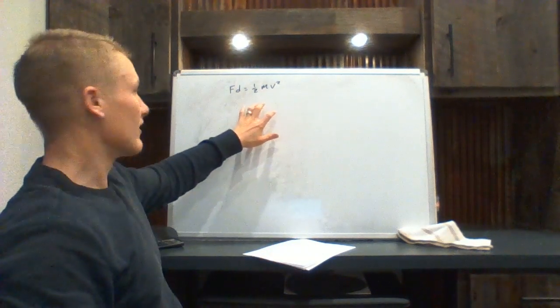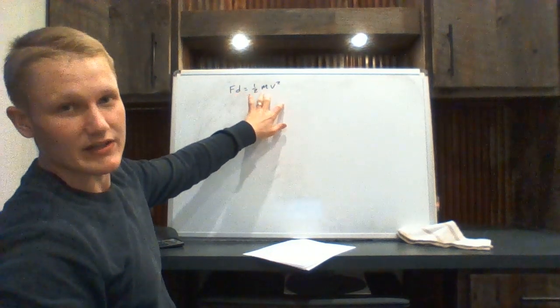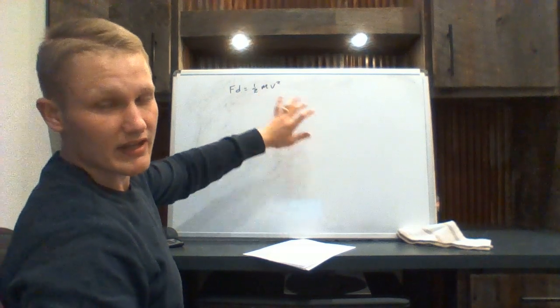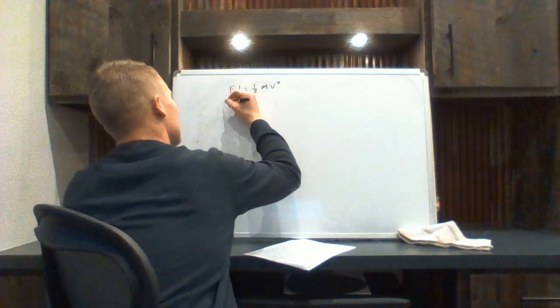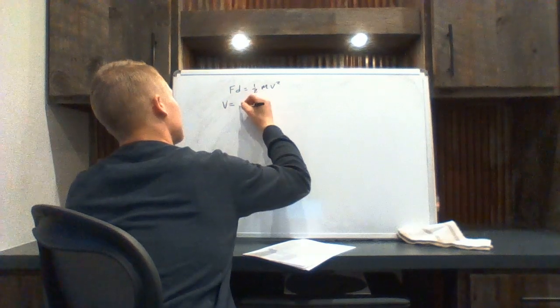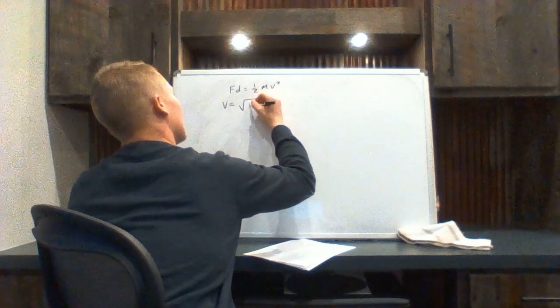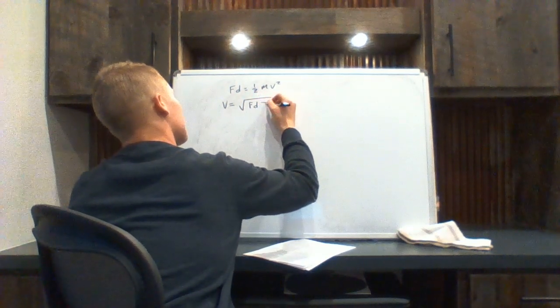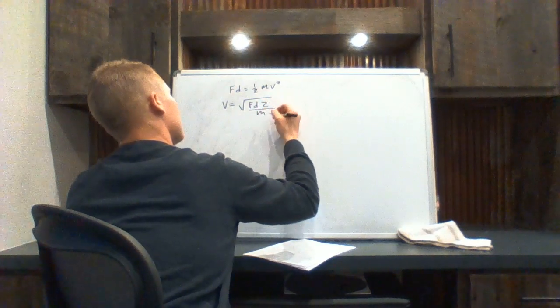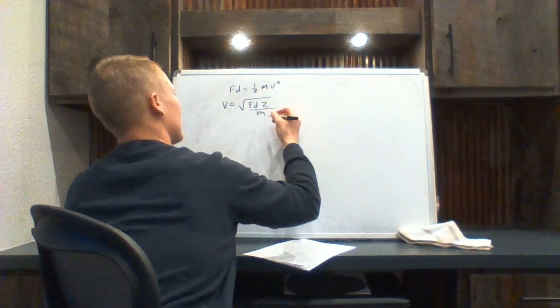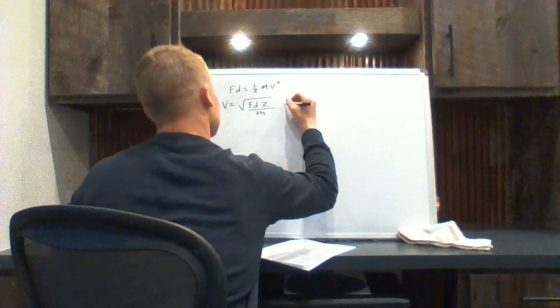We have our force, distance, and mass. So we'll solve this equation for V and then plug in our values. Velocity equals square root of force times distance times 2 over mass. And then we can plug in our values.